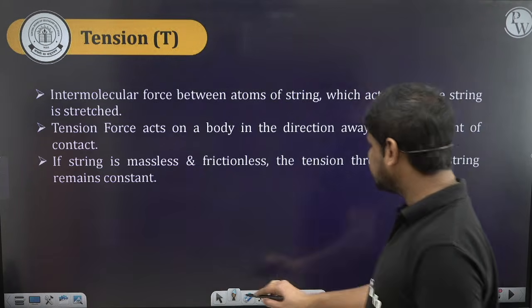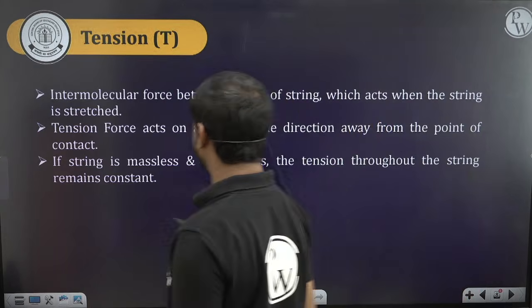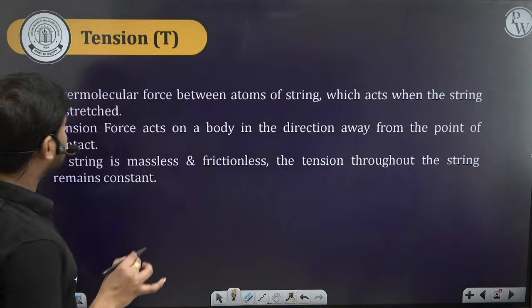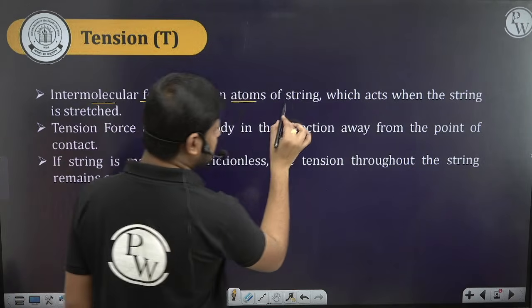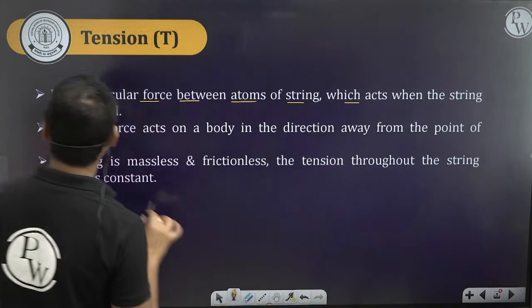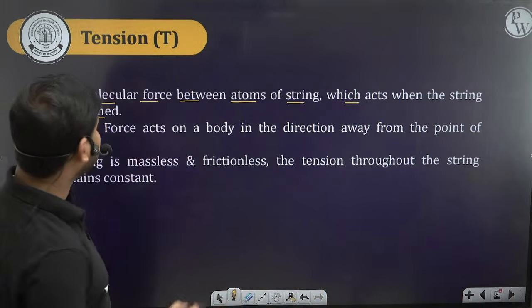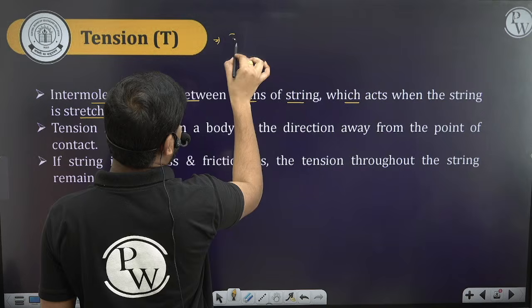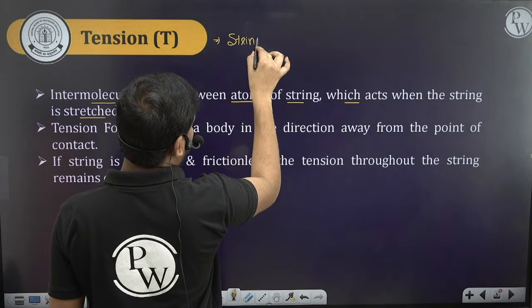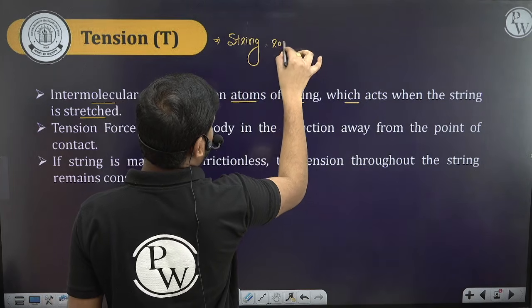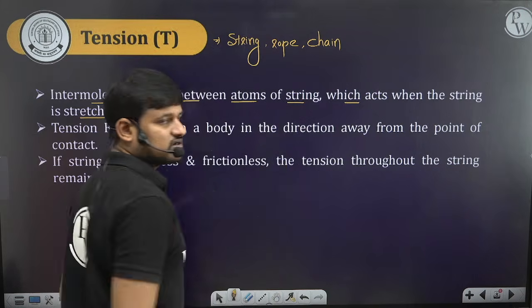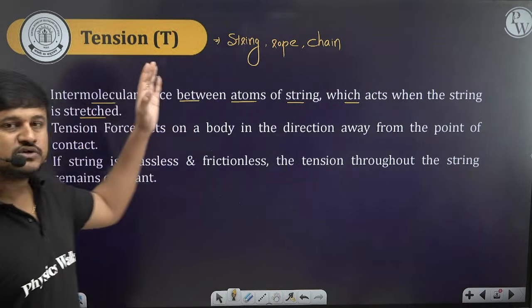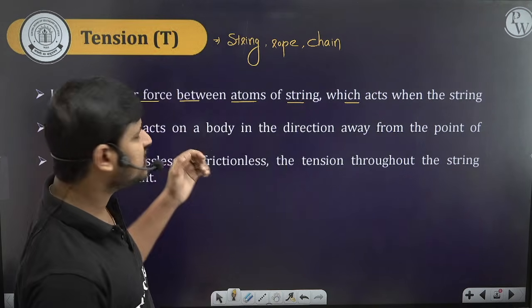Now the next type of force is the tension force. The tension force is an intermolecular force between the atoms of a string, which acts when the string is stretched. Where do we observe this tension force? Either in a string, rope or chain. In this kind of object we observe the tension force, whenever a string is stretched.